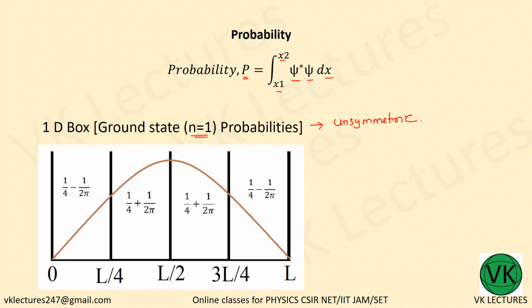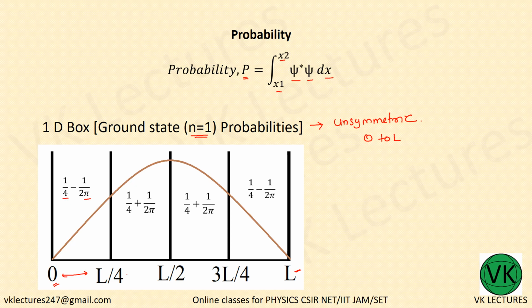It is unsymmetric, meaning it is from 0 to L. The length of the box is from 0 to L. So from 0 to L, if you consider the probabilities in each of the following sections: from 0 to L by 4, the probability is 1 by 4 minus 1 by 2 pi.